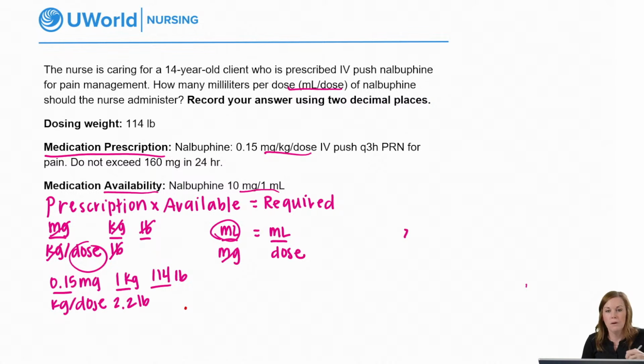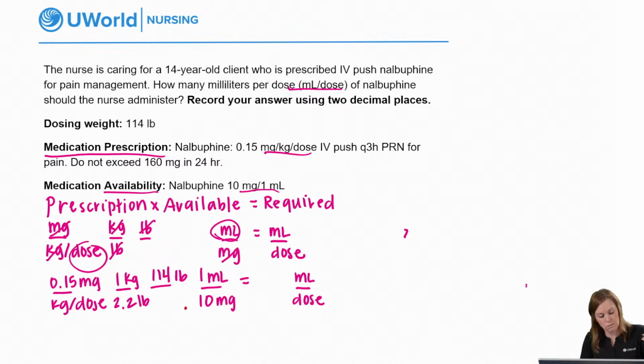What is available to us is 10 milligrams in 1 milliliter. So this is like how the medication is packaged, if it's in a vial or a suspension, anything like that. And again, this is going to yield our answer in milliliters per dose.